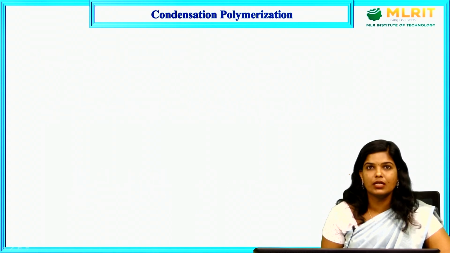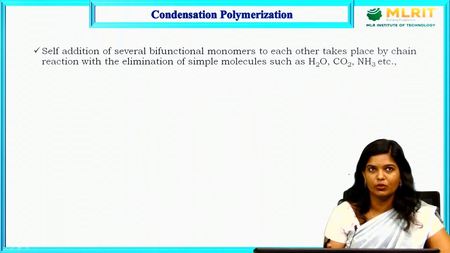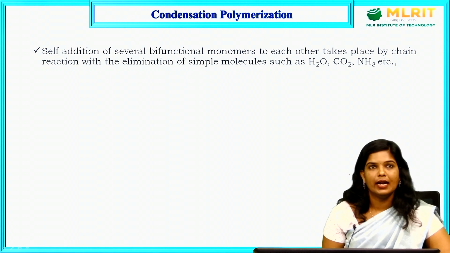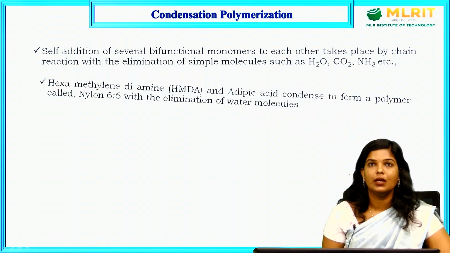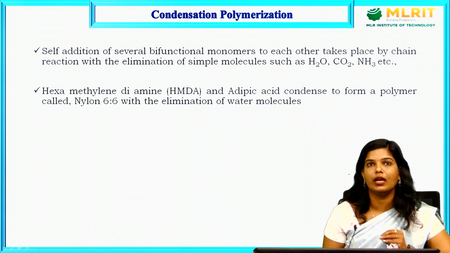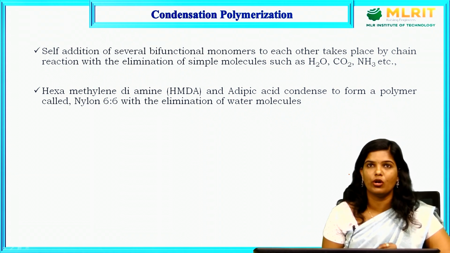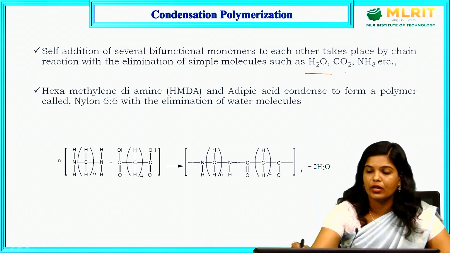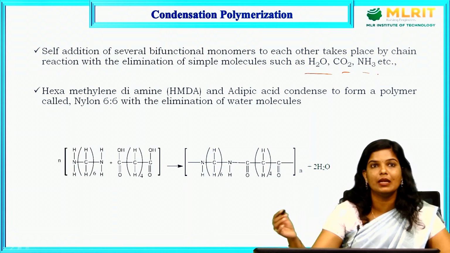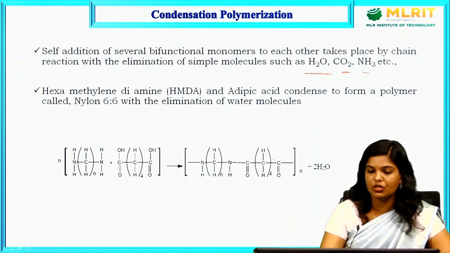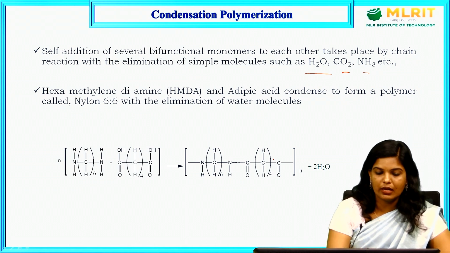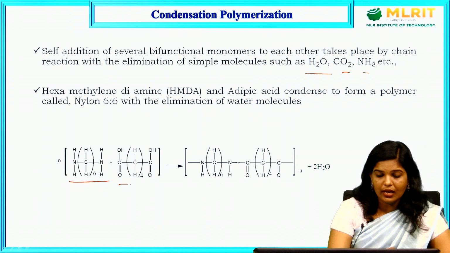Now comes condensation polymerization. It is just the opposite of addition polymerization, isn't it? Addition happens, but with the elimination of a small molecule like water, carbon dioxide or ammonia. Anything can be liberated. We can see the formation of nylon 6,6. It is hexamethylene diamine with adipic acid.